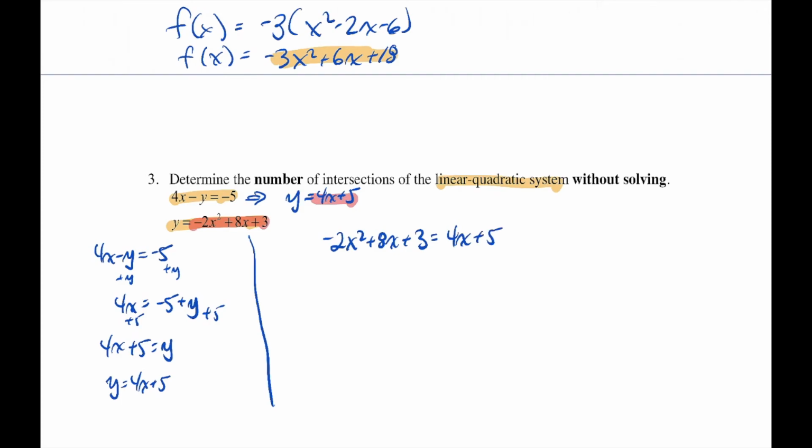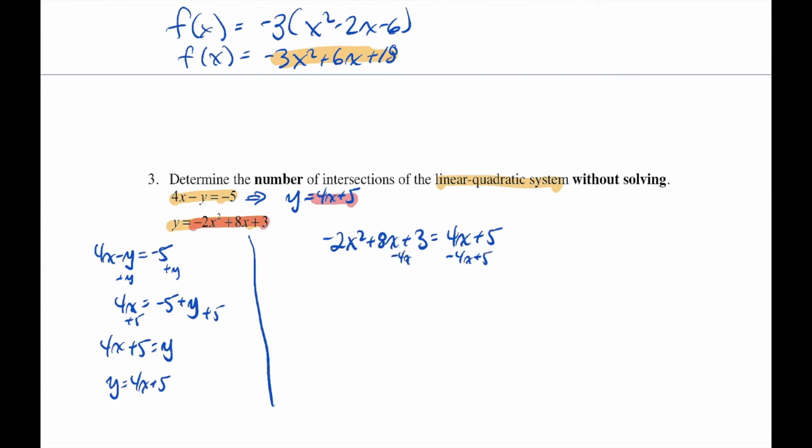So in order to determine what x coordinates make both equations true, we're actually solving a quadratic equation. So this is applying the skill of solving a quadratic equation to the specific context of where these two equations intersect. So I'm going to subtract 4x plus 5 from both sides.